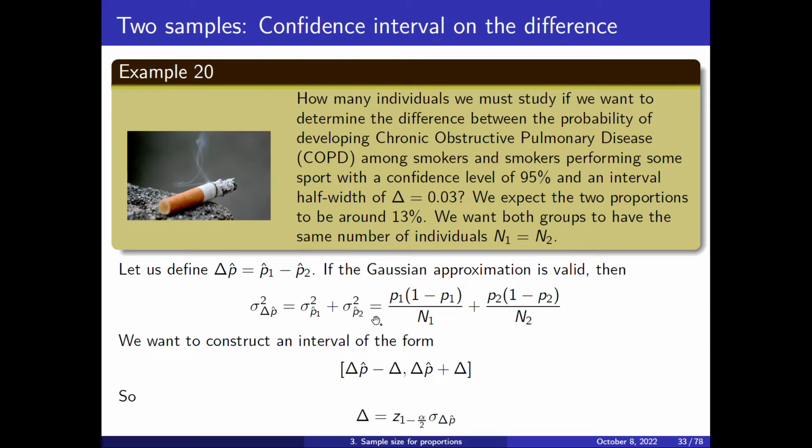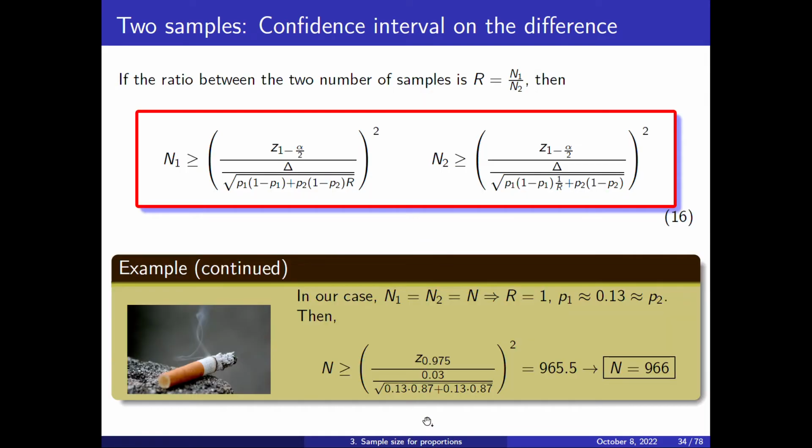We want to construct a confidence interval of this form: we will observe some difference, and then the confidence interval has to be of the form this value minus delta, this value plus delta, and this delta for the Gaussian is this one. Now we have everything to compute the sample size, and we may even allow for different numbers of individuals in both groups.